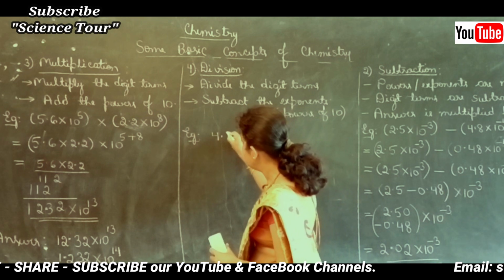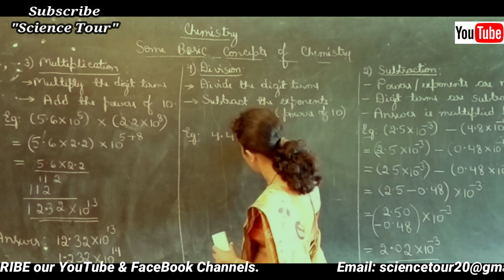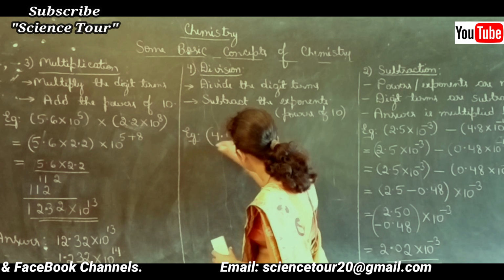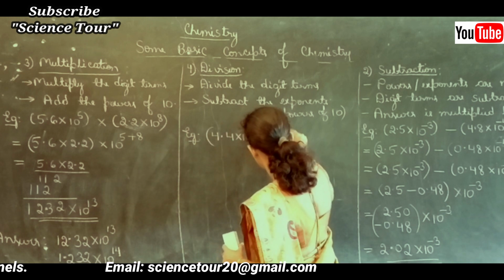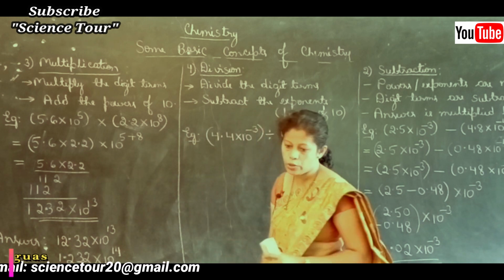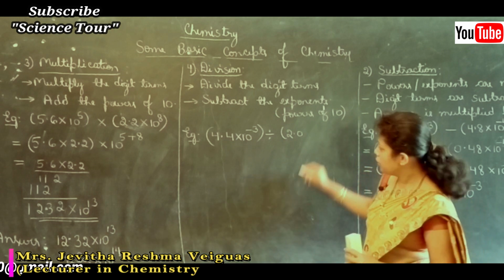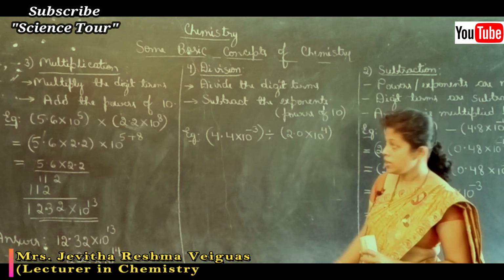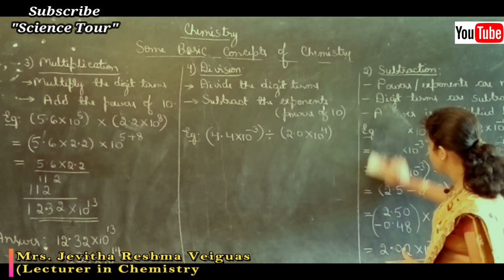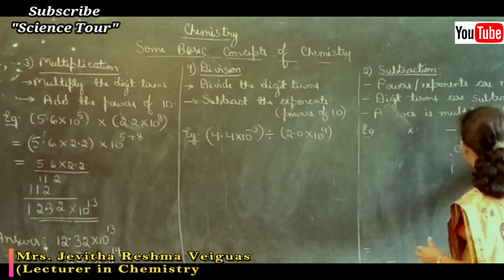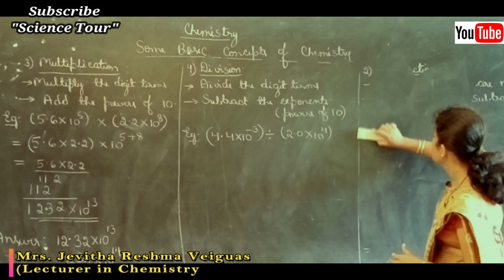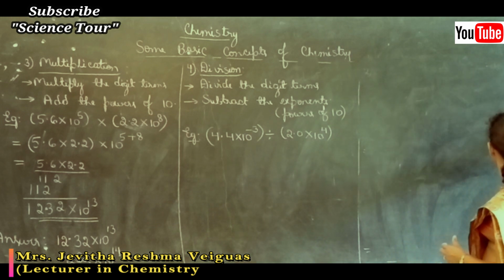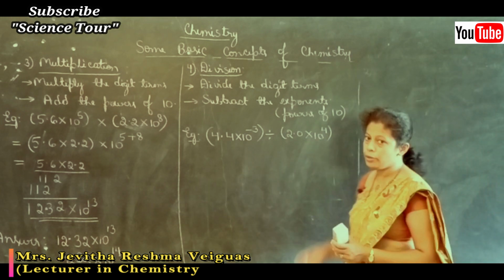The example is 4.4 into 10 to the power minus 3 divided by 2.0 into 10 to the power plus 4. So this is the number given to do the division.